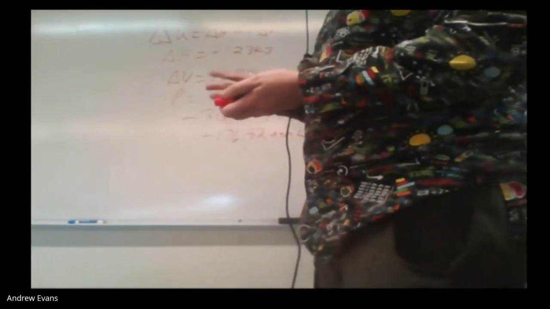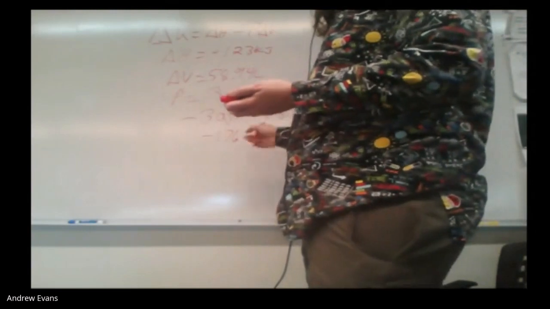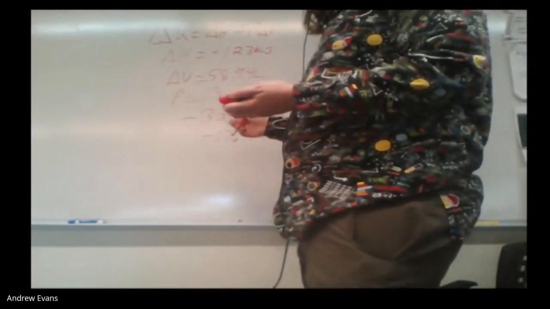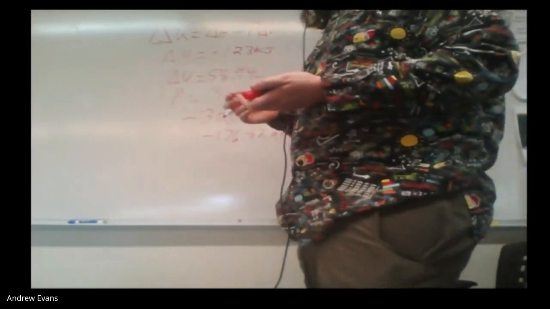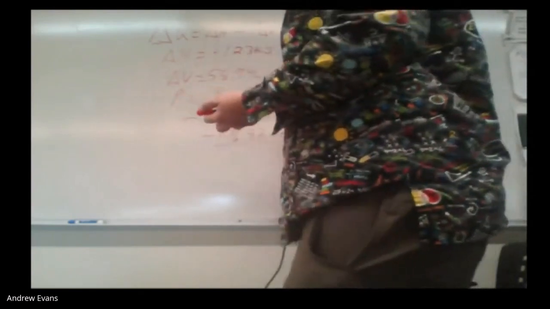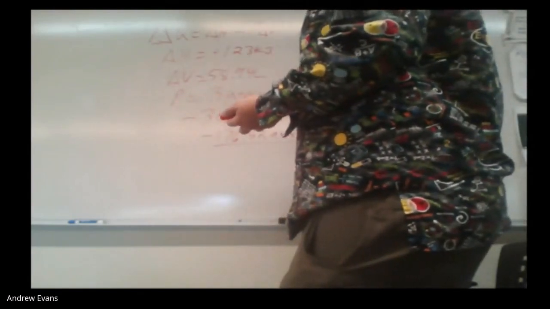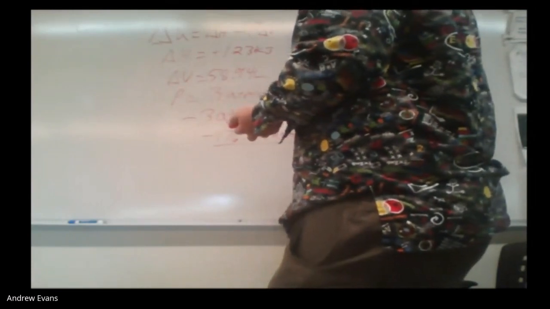The answer is no. Why? Because atmosphere liters are a different unit than a kilojoule. We cannot add a centimeter to a meter and expect the math to work out fine. We cannot add a centimeter to an inch and expect the math to work out fine. We have to convert until we're both in the same unit, which is why we have that one atmosphere liter is equal to 101.3 joules.